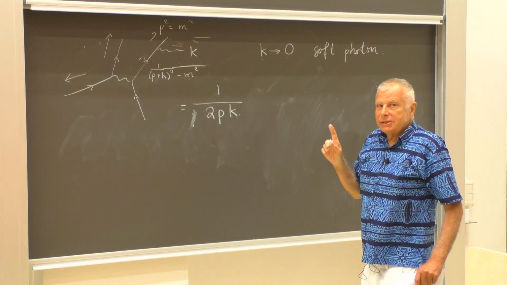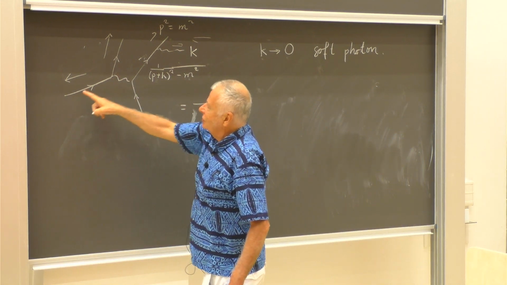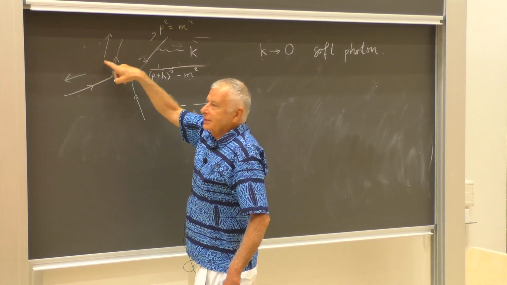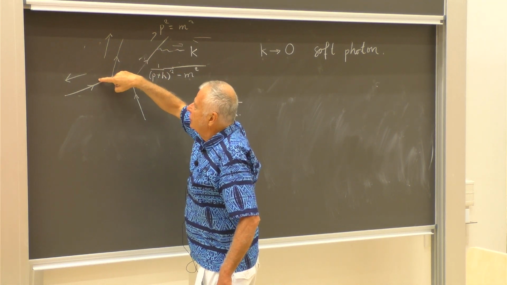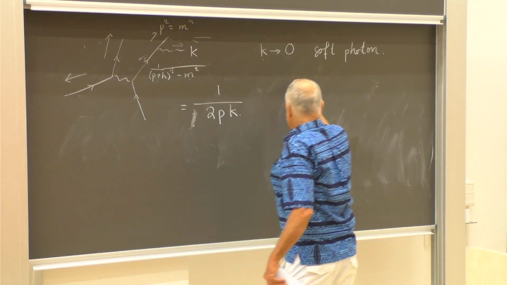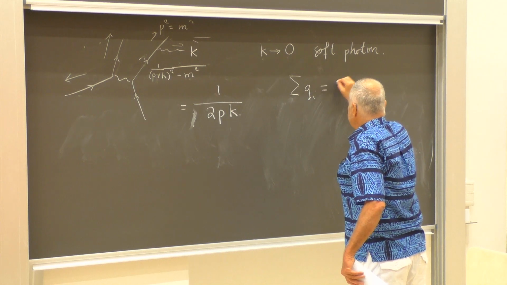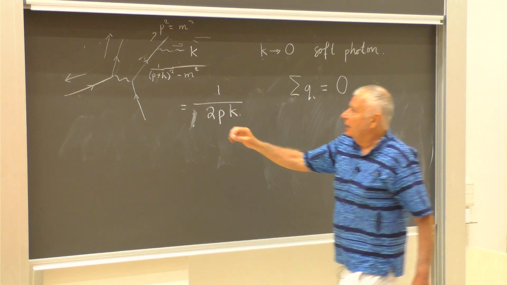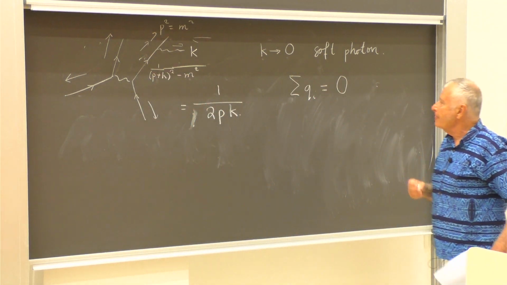So the charge conservation condition says that, if you count all of them as outgoing, you have to flip the charge of the incoming ones. So the charge conservation is that the sum of all charges is equal to 0, if I take all momenta to be flowing out from the diagram.